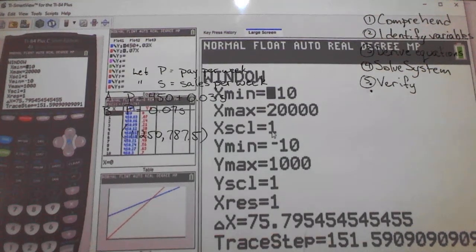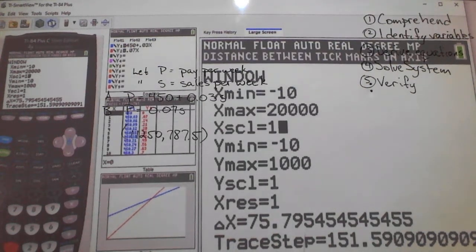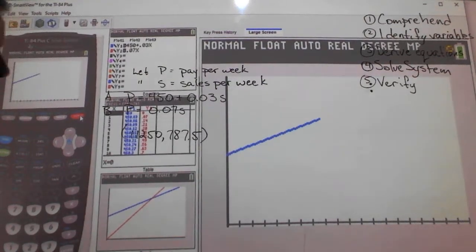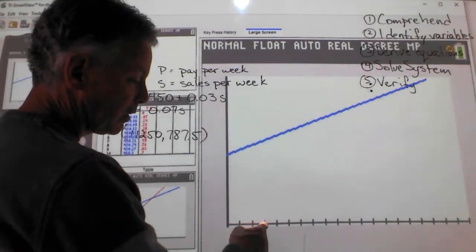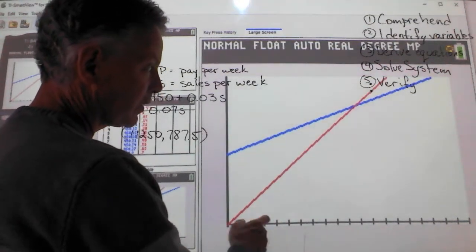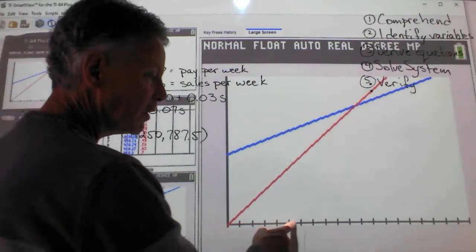However, if we were to change our x scale to 1,000, and I'm not going to change the y scale just to show you how they will look different. Let's graph it. And look, now your calculator knows. If I put a tick for every 1,000 I go up, then you can see it.